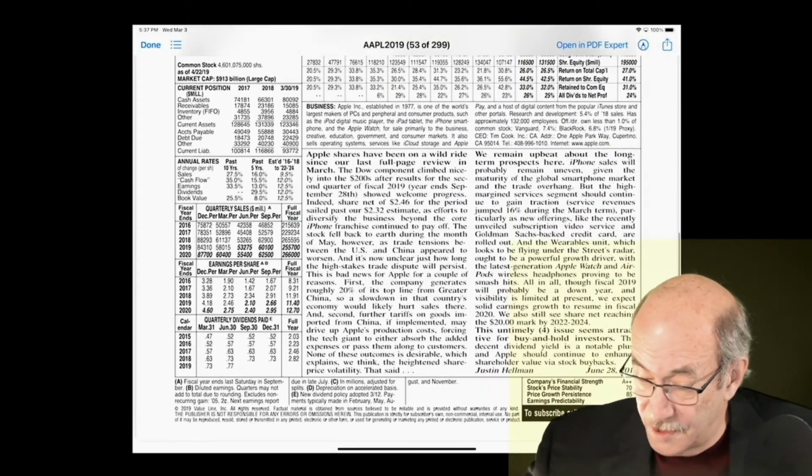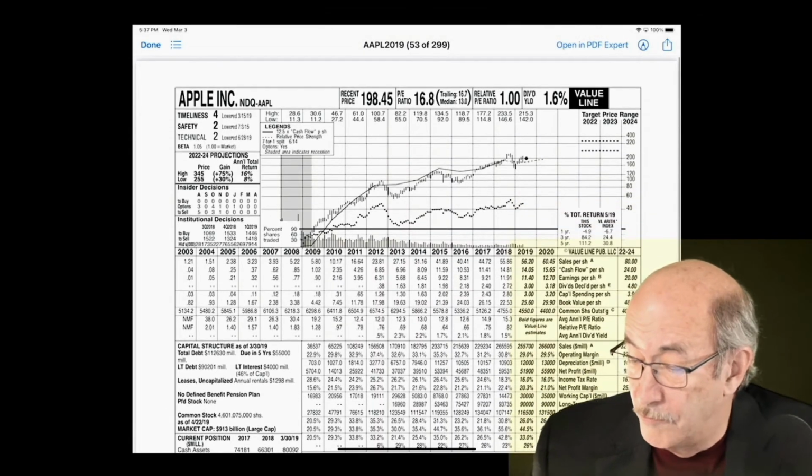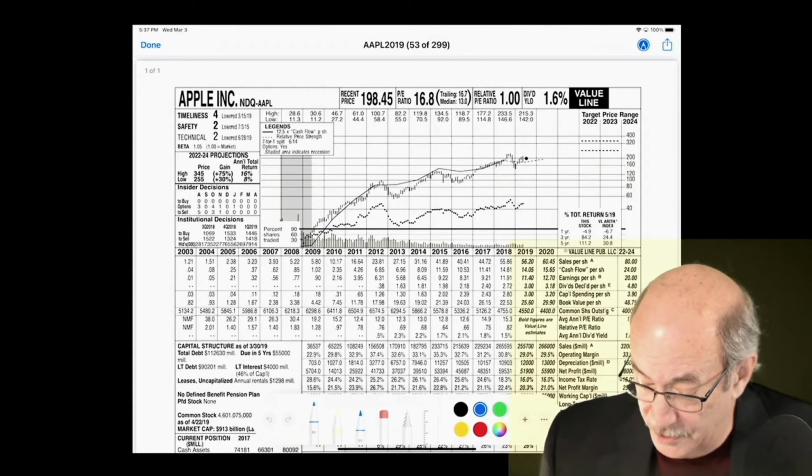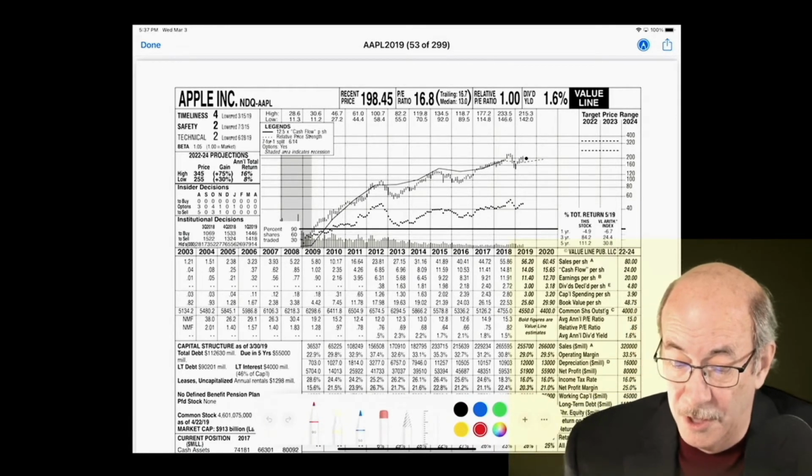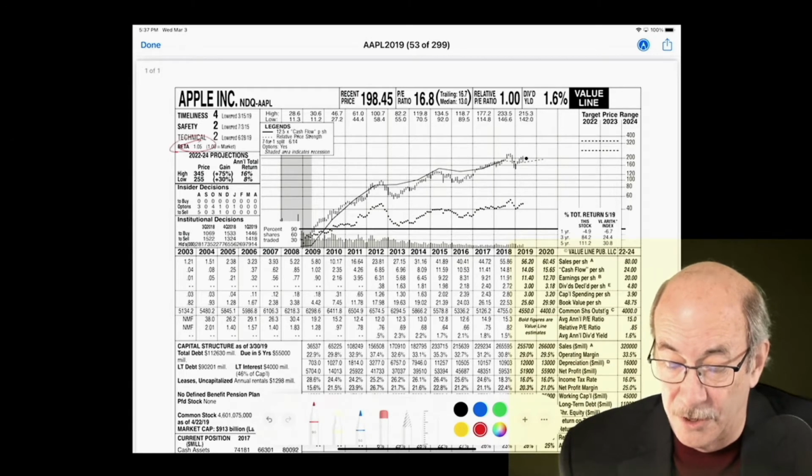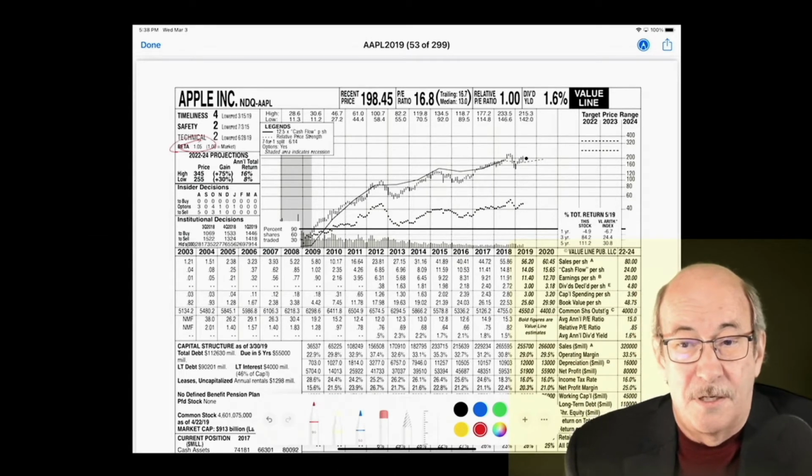This is a slightly older one, but it'll certainly serve the purpose for looking at what we might be looking for. So you'll definitely be looking for beta.